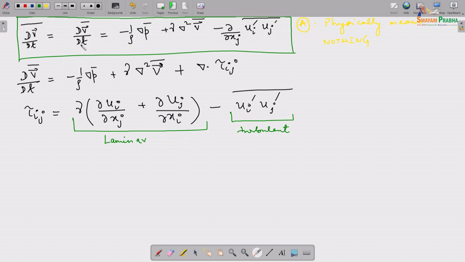The left hand side is nothing but total acceleration. That is equal to a certain time averaged change in pressure divided by the density, and then there is a viscous force, which I calculate, and there is this term, which is the inertia tensor, as we said.